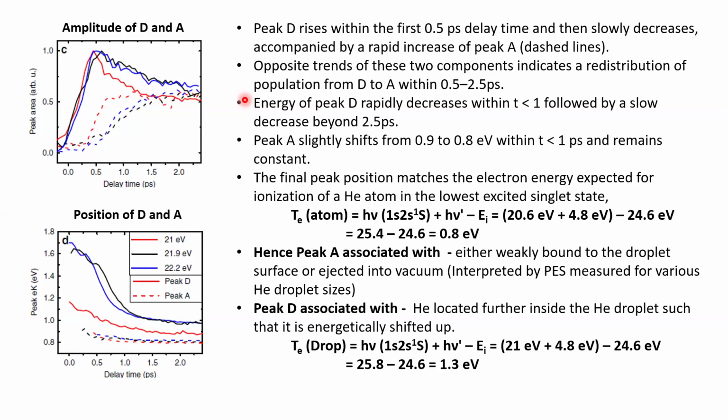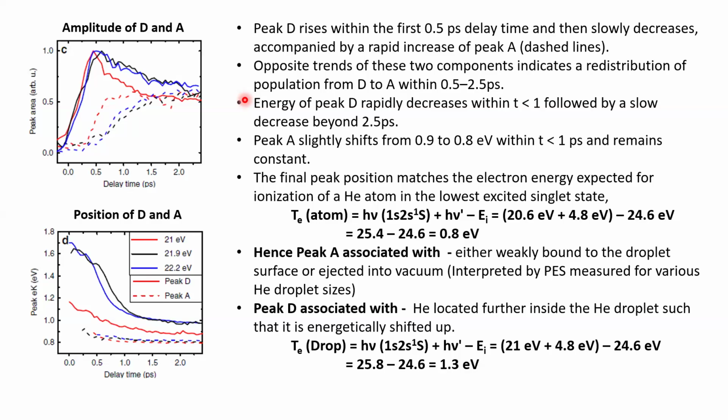As you can see, the peak D rises within the first 0.5 picosecond delay time, and then slowly decreases, accompanying the rapid increase of this peak A, which is represented here as dashed lines.